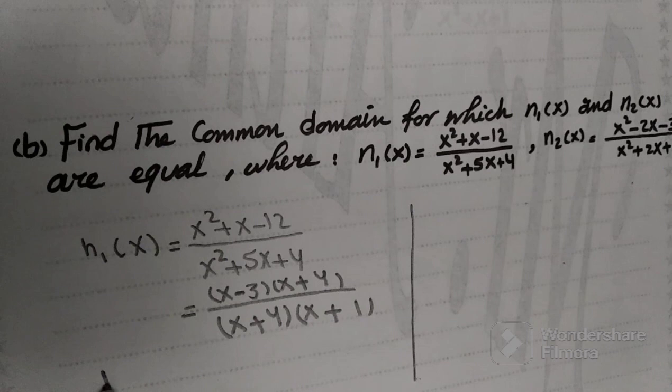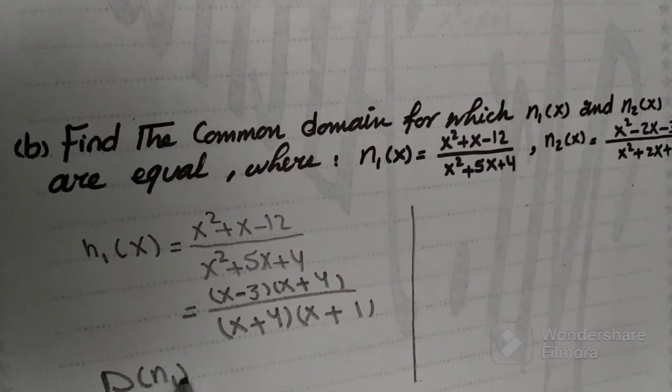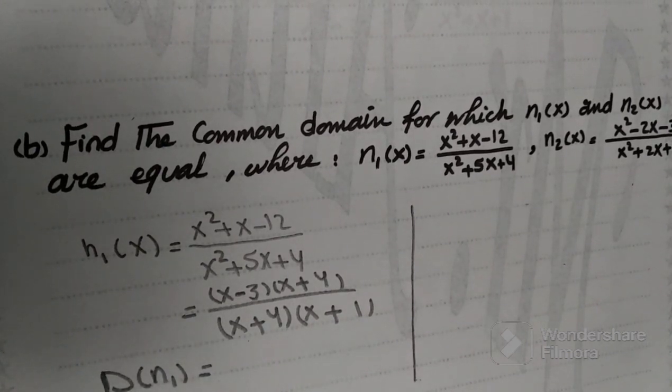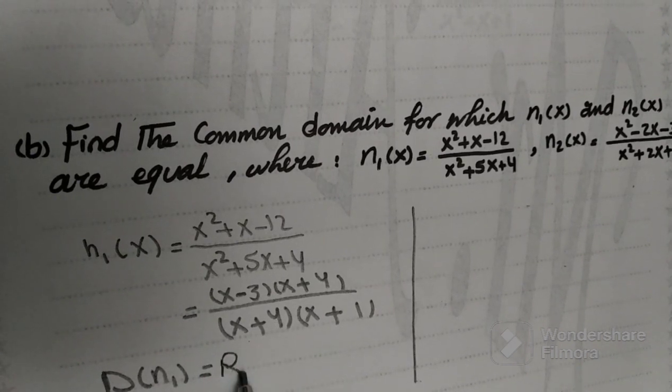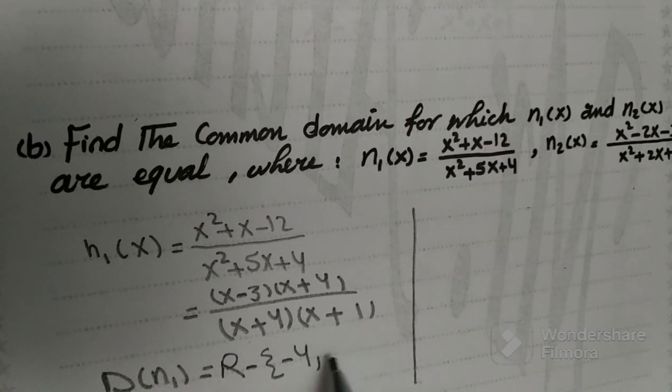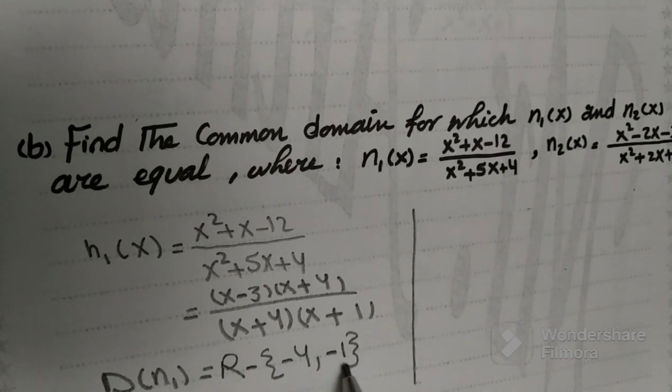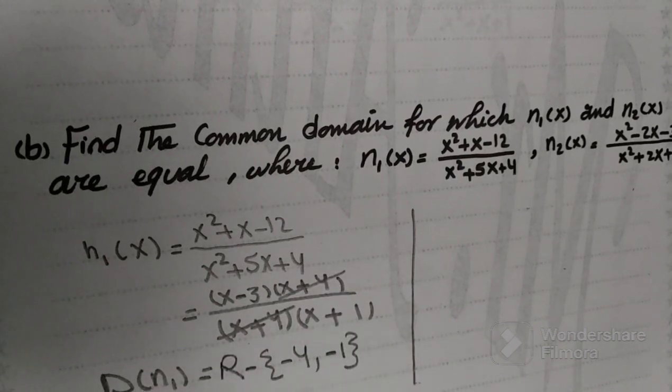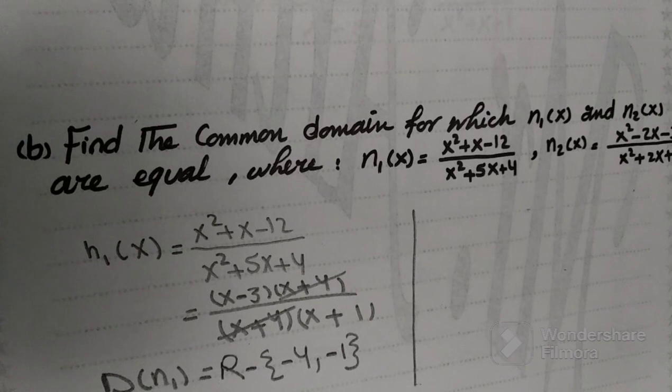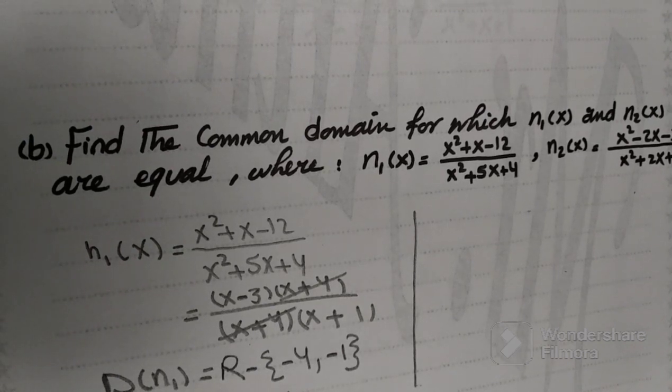The domain of n1 equals R except negative 4 or positive 1, negative 1. Simplify x plus 4 with x plus 4, n1 of x equals x minus 3 over x plus 1.